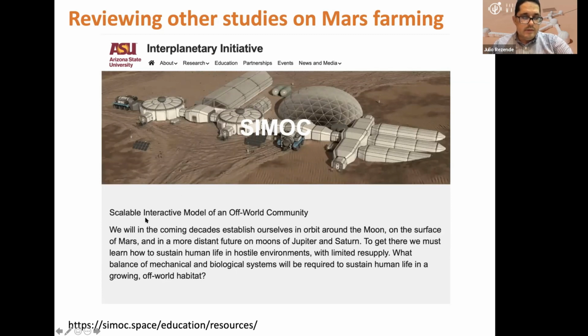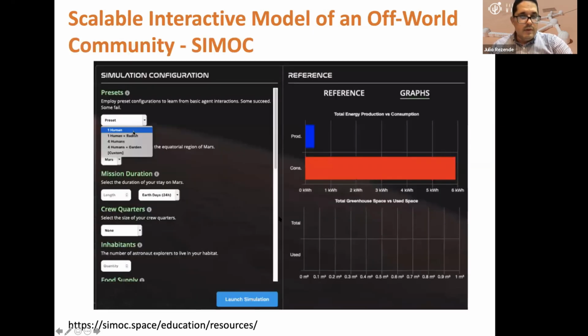CMOC means a scalable interactive model of an off-world community. It was developed by Arizona State University. Also, one of the people responsible for this initiative, Kai Stats, did a presentation during the Mars Society Convention.